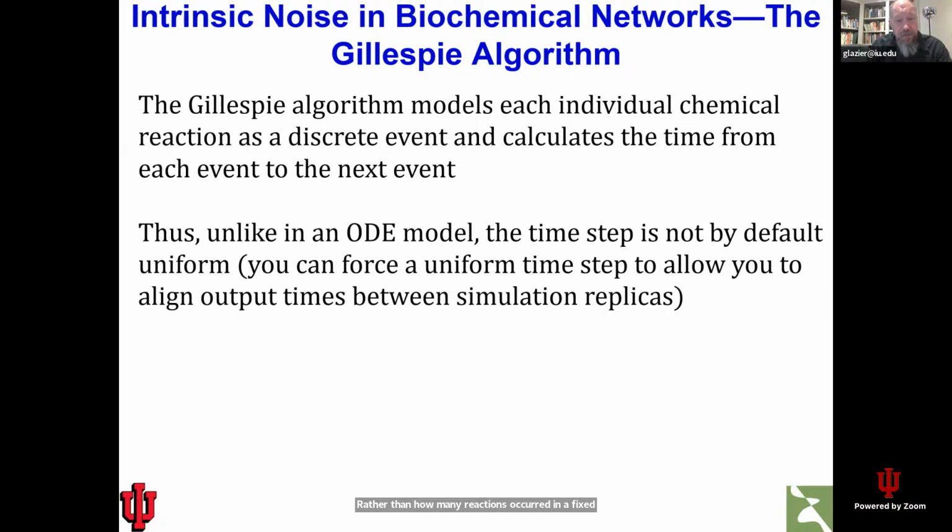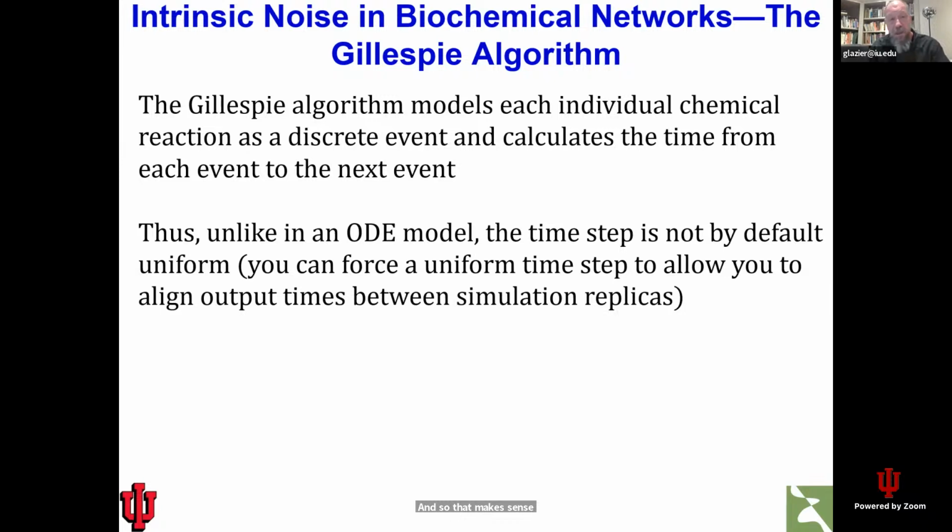You can have versions of the Gillespie algorithm that operate on fixed time steps, but for the default Gillespie algorithm that Tellurium will provide us, the time will not be uniform time steps. You'll get variable time steps. And so that makes plotting and things like that a little bit more complicated.